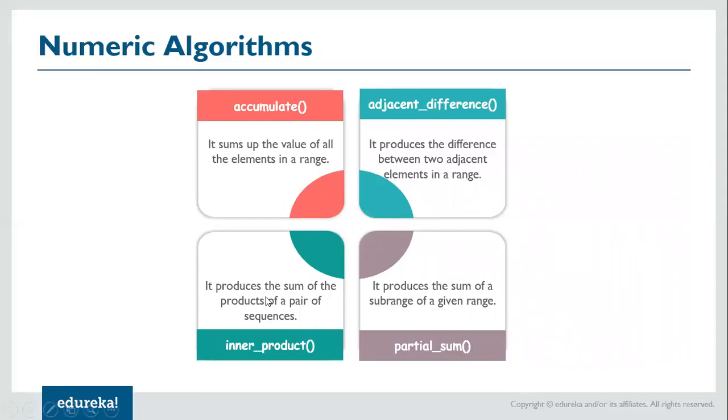Then we have inner product, which produces the sum of product of a pair of sequences. Then partial sum produces the sum of a subrange of a given range. So suppose we have a range of numbers, you can take a subset of that range and then find the sum of that subrange in the given range. We are going to try some of these examples in some time, but these are known as numeric algorithms, as you see in front of you.